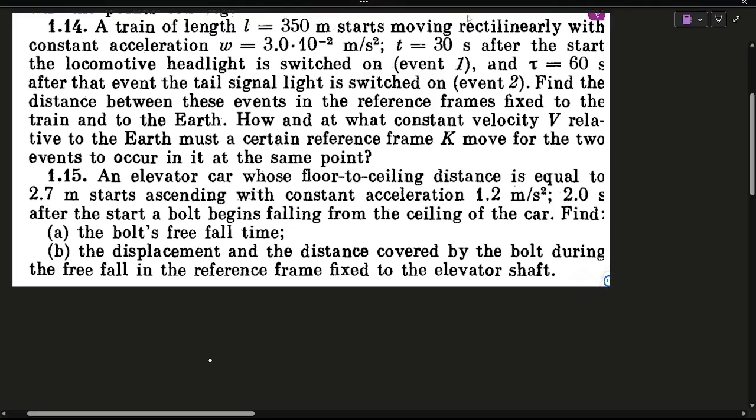Rectilinearly start. At which point the velocity of k, we have to find that.